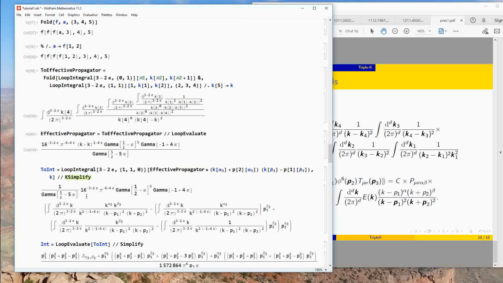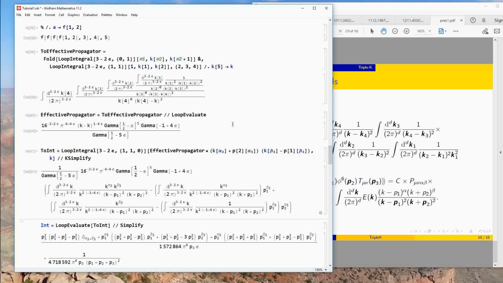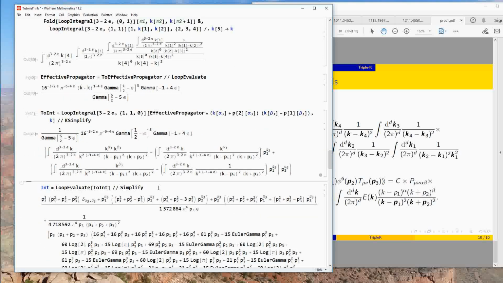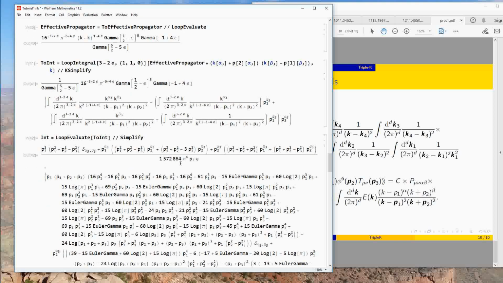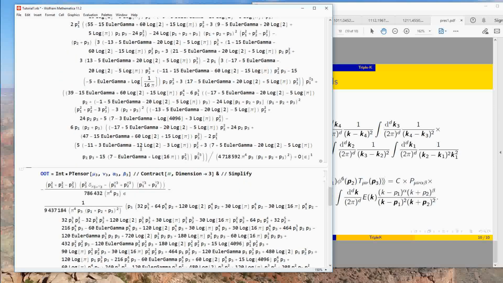So this is exactly what we have here. And now we can evaluate it. As you can see, this expression is actually divergent, but we still didn't apply the tensor P, so let's first do it. And it's also long.